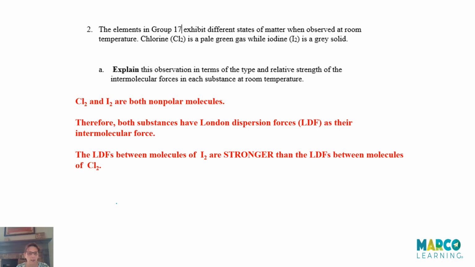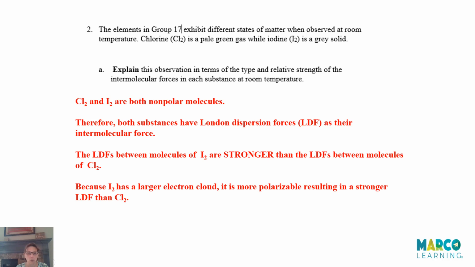So I know that LDFs in I2 have to be stronger because I2 is still a solid. That means it's going to take more energy to overcome that intermolecular force and allow it to become a liquid or a gas. So why would that be? Well, I2 has a larger electron cloud, and because it has more electrons, the electron cloud is larger.